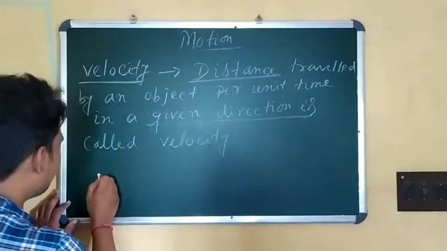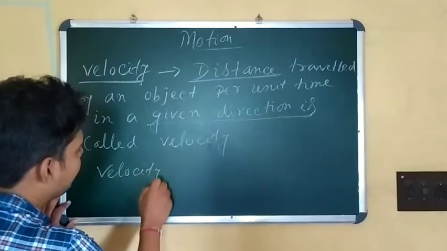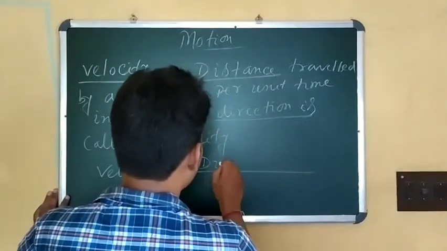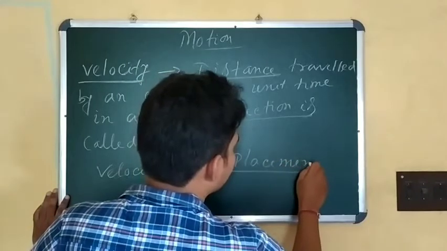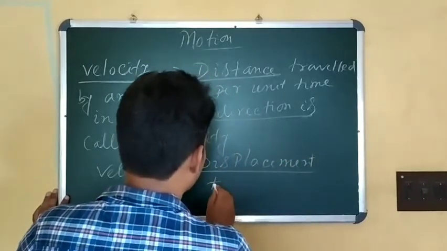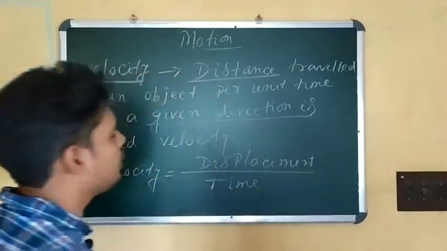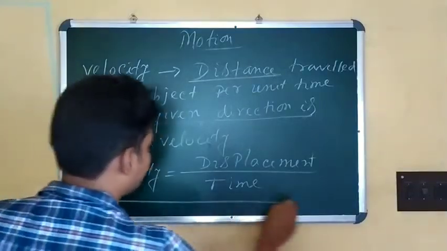So the formula is velocity equals displacement by time taken by the object. Velocity equals displacement by time.